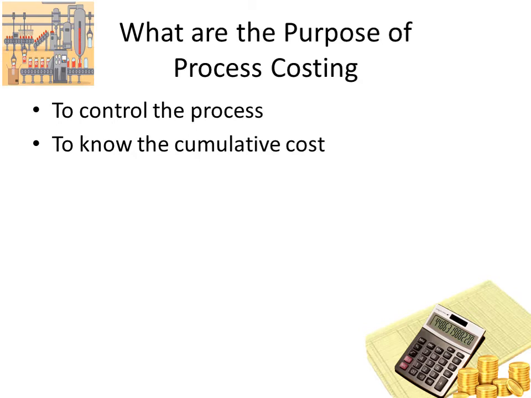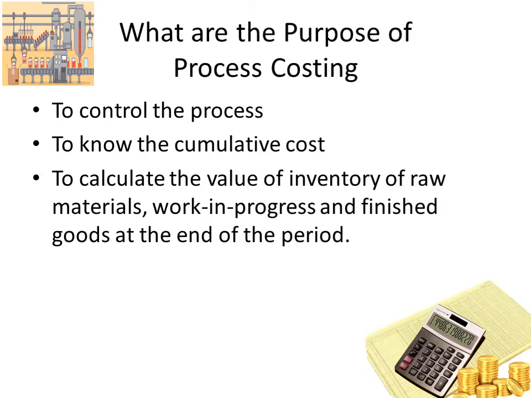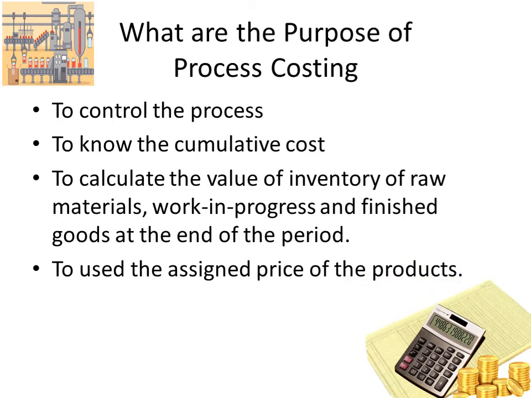So, the mixing would now have accumulated cost for that mixing, and then there would also be a certain cost for other activities, like putting it in a bottle or a sachet. Okay? Next, to calculate the value of the inventory of raw materials, work in process, and finished goods at the end of the period. Lastly, to use the assigned price of the product.